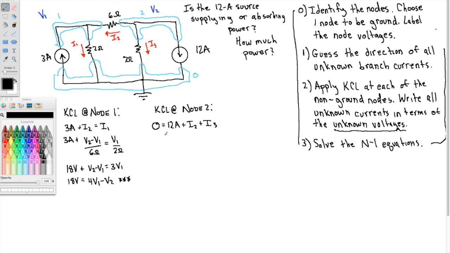Now I want to write the unknown currents in terms of the unknown voltages. So I2 is going from right to left in the 6 ohm resistor. So right V2 minus the left V1 over the 6 ohms plus I3 is V2 minus 0 over 7 ohms.